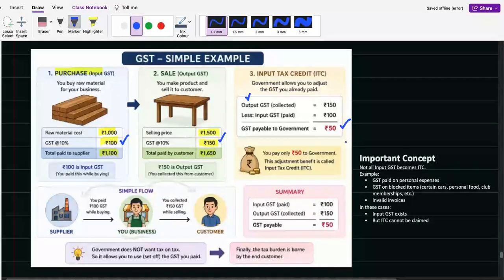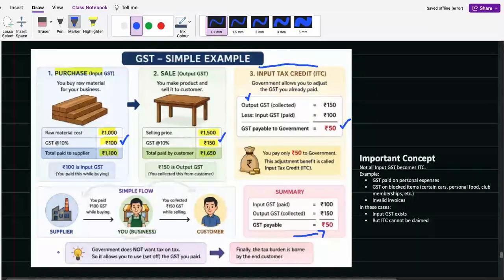Similar to the problem we have just done, 50 I have to pay to the government. You will pay 50 to the government because you have already paid 100, and you are getting 150, so it is adjusted. This adjustment is known as input tax credit. Understood? In summary, input GST 100, output 150, GST payable is 50 rupees to the government.